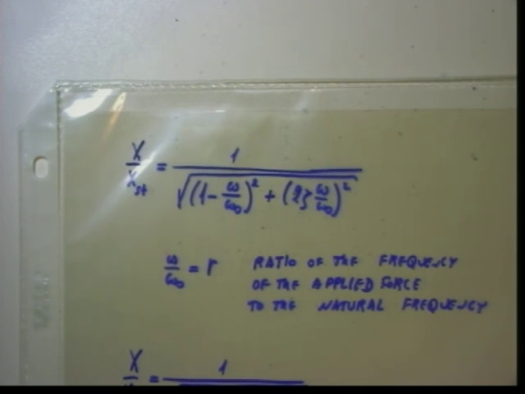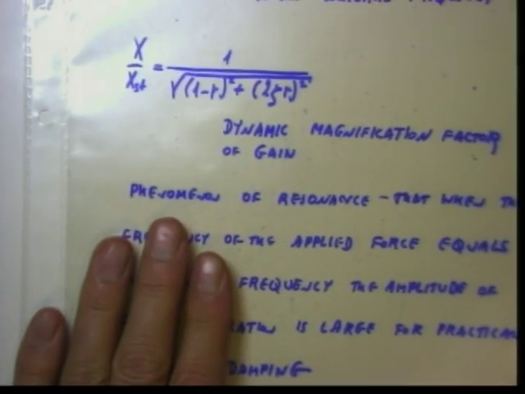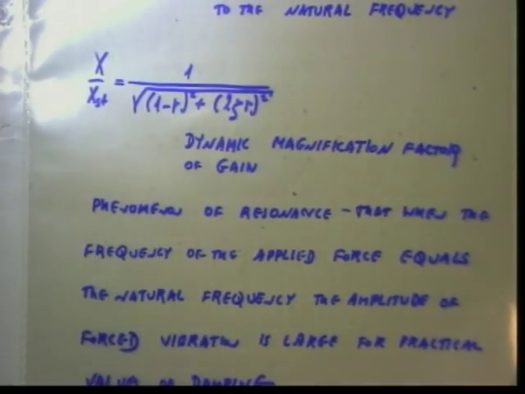Now I can introduce small r, which is omega over omega sub 0, the ratio of the frequency of the applied force to the natural frequency. So we get x over x static equals 1 over square root of (1 minus r squared) squared plus (2 zeta r) squared.